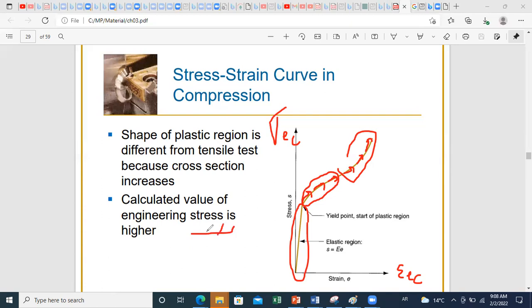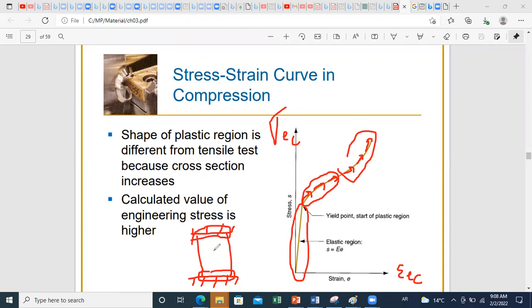If you consider a compression test, what will happen is that you are squeezing a specimen between two ends. And here, where you have contact between the end plates and the cylinder, you will have development of friction forces that will oppose the increase in area at this level.